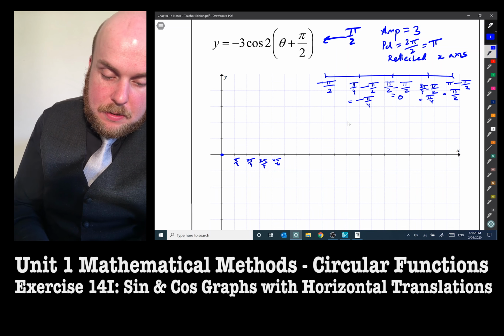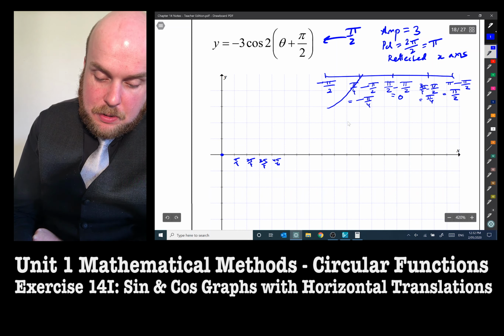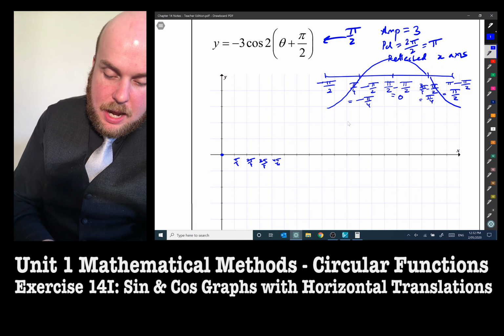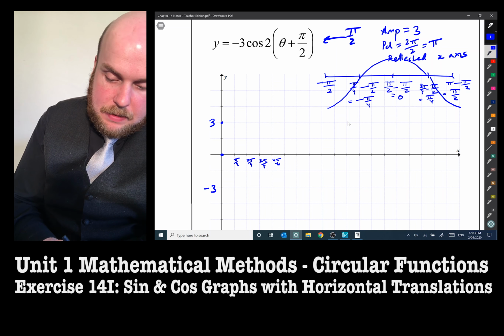Just so you remember, this is the cos, and it's an upside down cos. It would normally look like this. There it is. That would be what it looks like. So the 0 is actually going to be up here at 3, and this is negative 3.